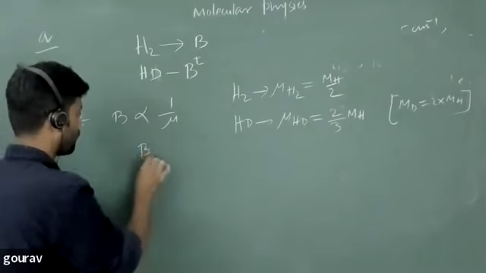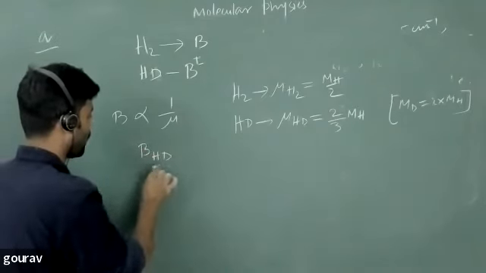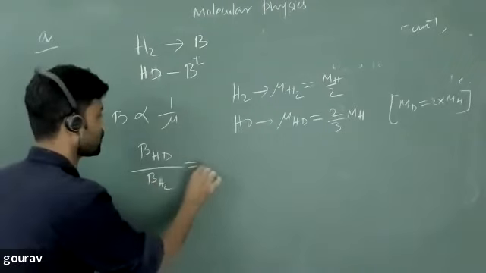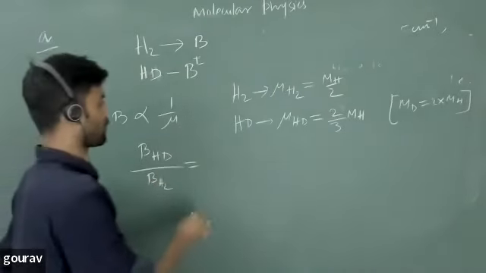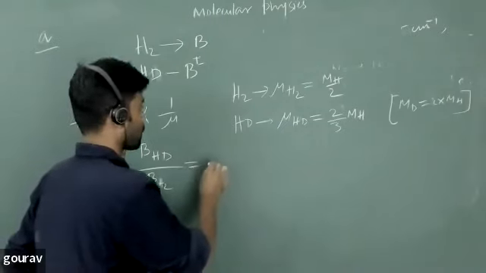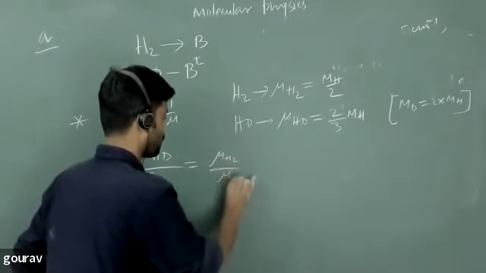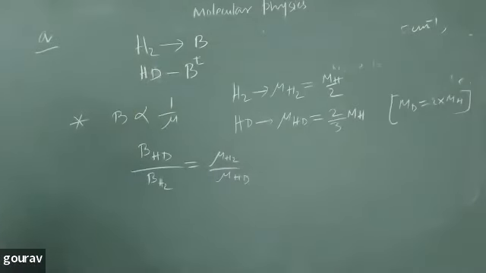So what I can write, BHD divided by BH2 will depend upon mu H2 divided by mu HD, right?